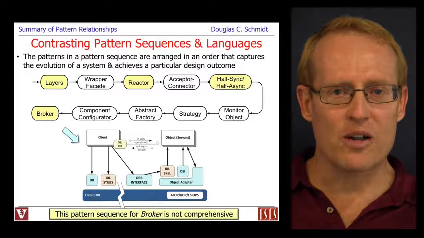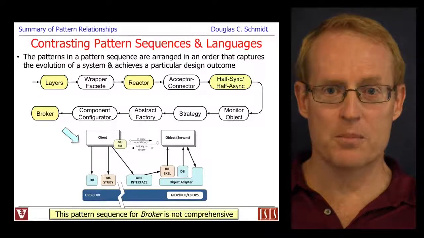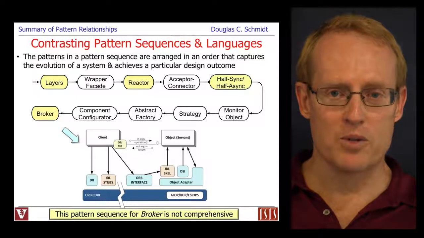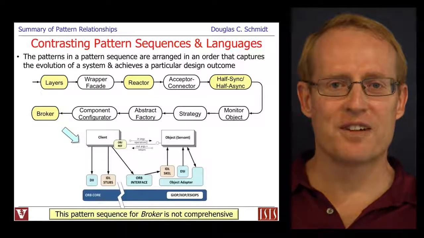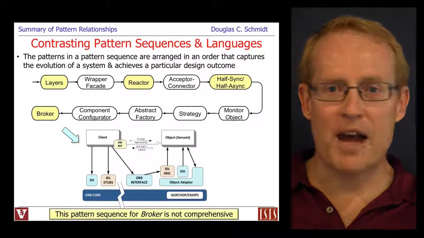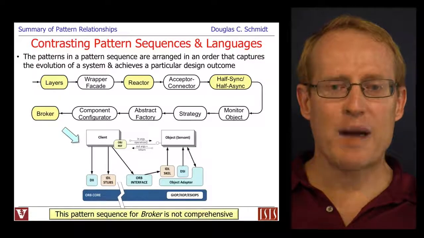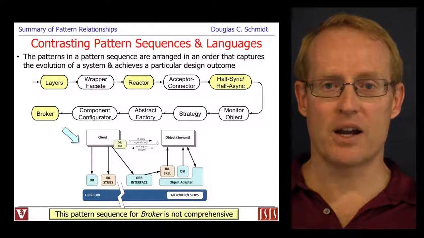So let's talk now in more detail to compare and contrast pattern sequences and pattern languages. And to do this, we'll pick an example that we've been using for some time now from the context and domain of communication middleware. So remember, the patterns in a pattern sequence are arranged in a particular order that captures the evolution of a system and achieves a particular design outcome.